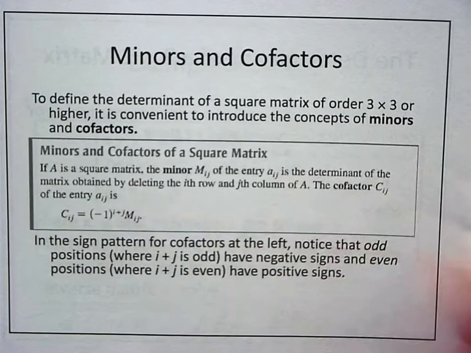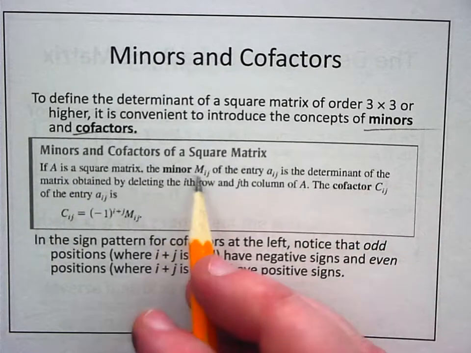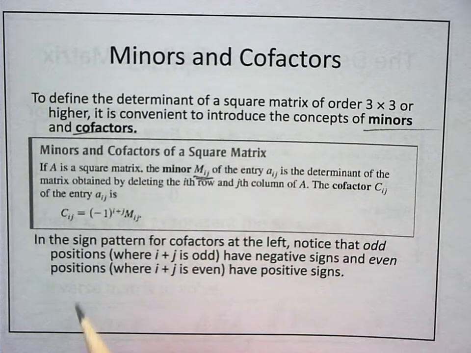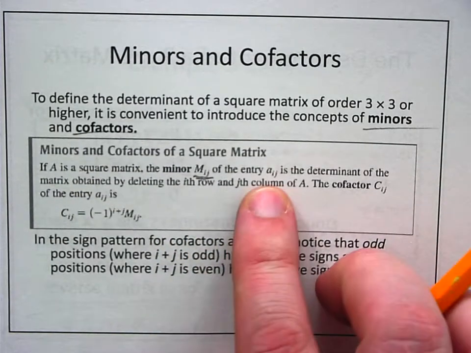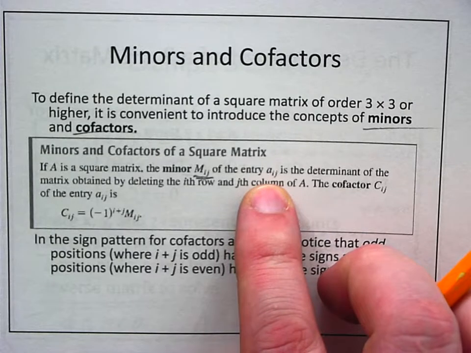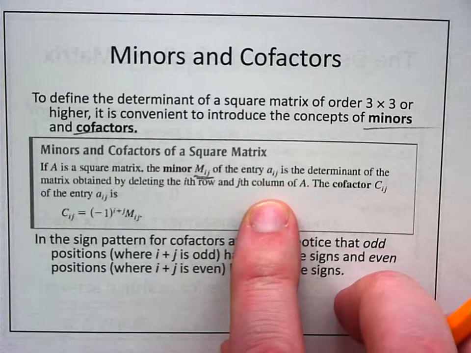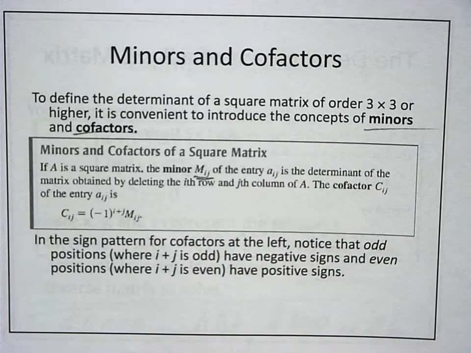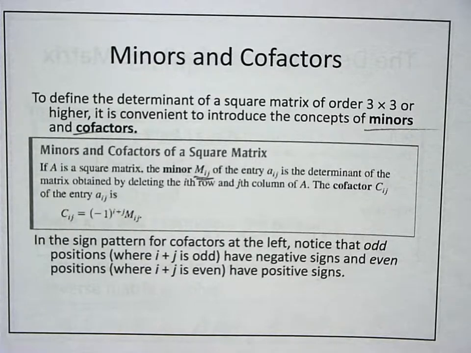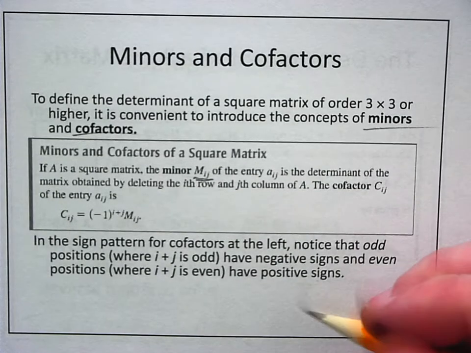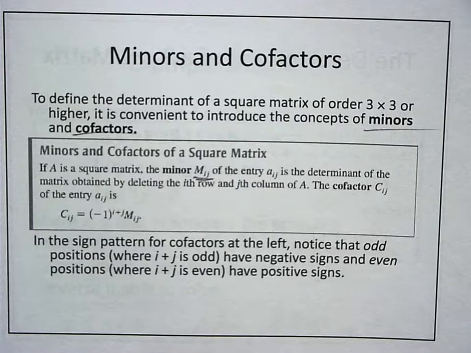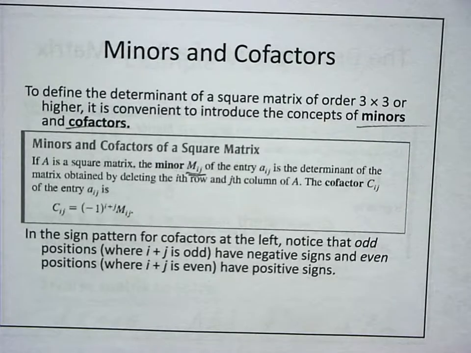So when this talks about finding what's called the minor, it's one for each position, ij. And to do it, you take whatever that number is in the original position, you ignore the row and column that it's in, and you take the remainder of it and find the determinant of what's left. So if you cut out the row and column of a 3x3 matrix, you're left with just a 2x2. Okay? And you just find your determinant.